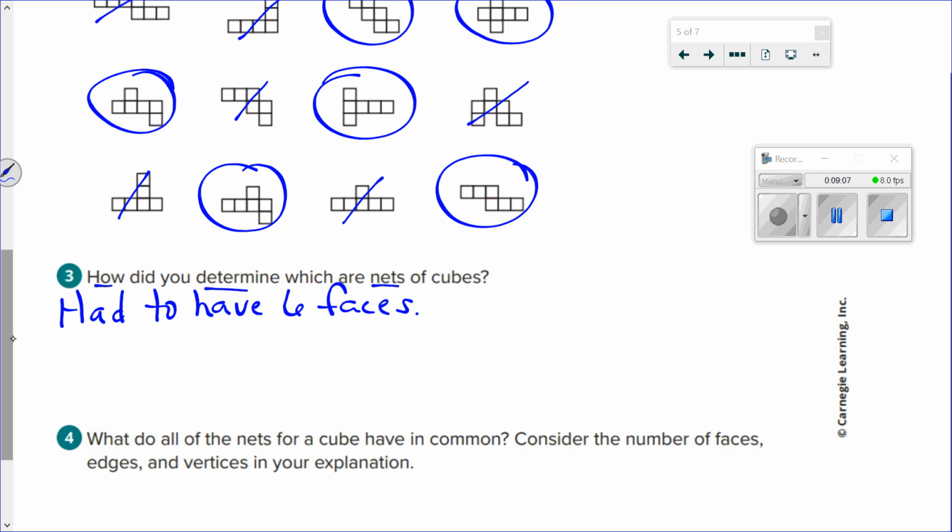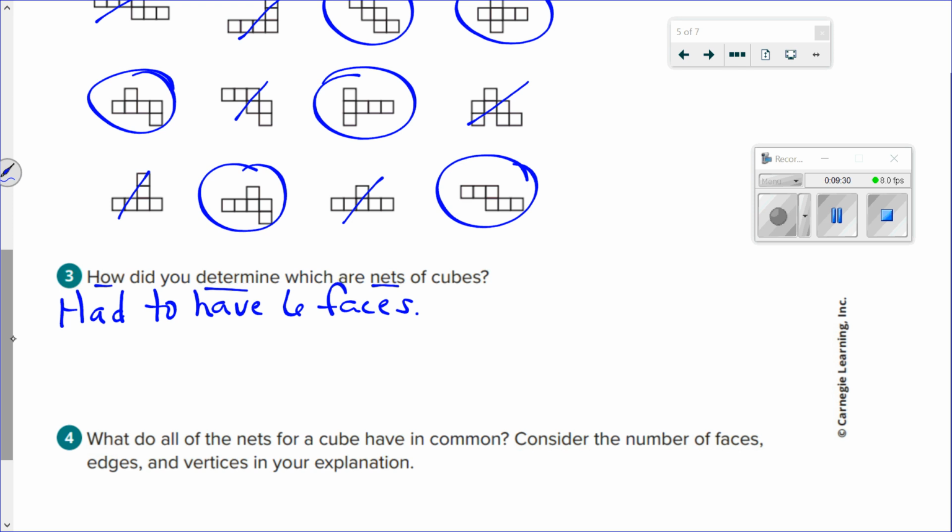Anything else you noticed? John? What I noticed was that they have some similar shapes. What do you mean by that? I mean, there's a couple that looks exactly like the one we did. Okay.